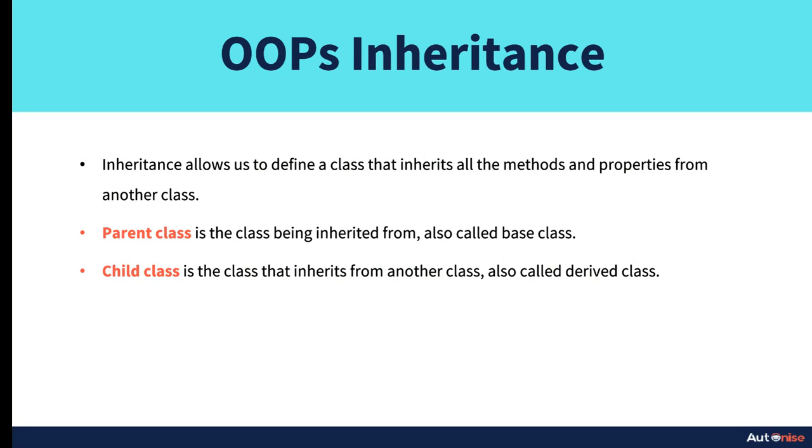Now we want a child class to inherit all these details, all these parameters and methods from the parent class. And we should be able to do that inside of Python. And this property of doing that is called inheritance. So let's see how we can make two classes and inherit from the parent class into a child class. Let's see with some examples.